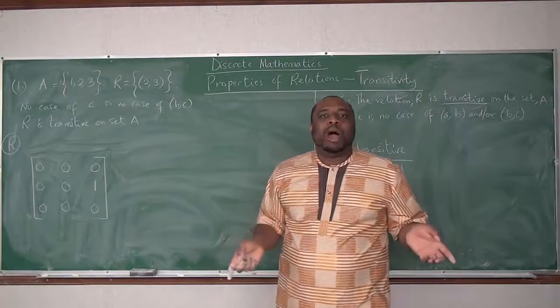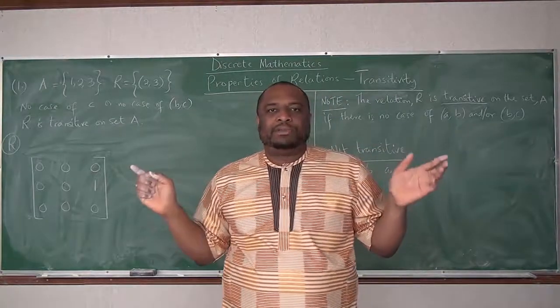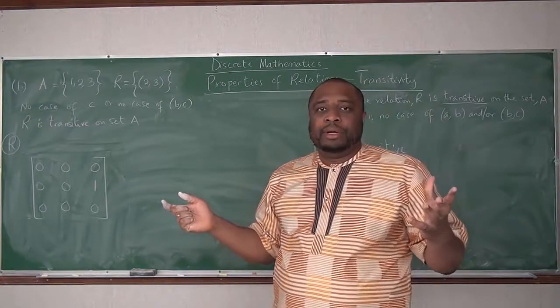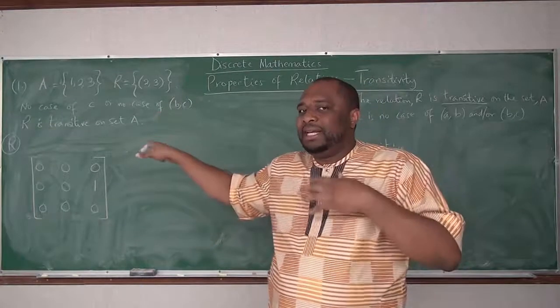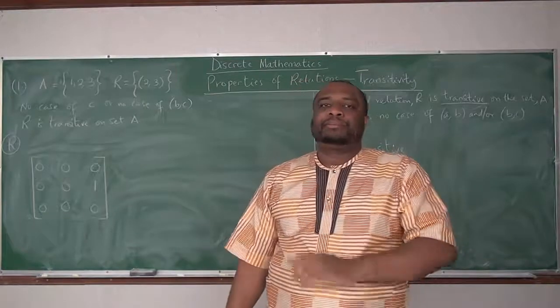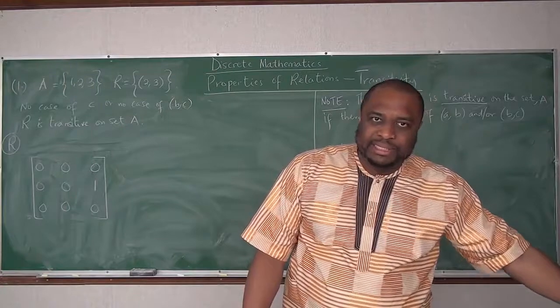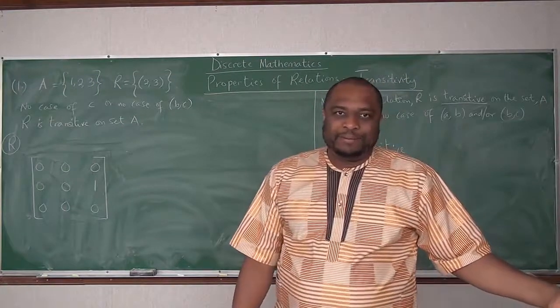If it is 1, great, it is transitive. If it is non-zero in the square of the matrix but 0 in the matrix itself, it is not transitive.